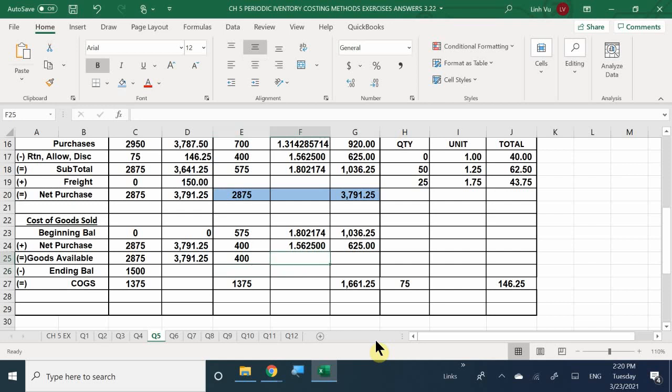So, in this case, I've already calculated my new cost per item. So, here, I can copy this down. And this is where, because it's not a very nice even number, I'm going to have to use my equal round formula.